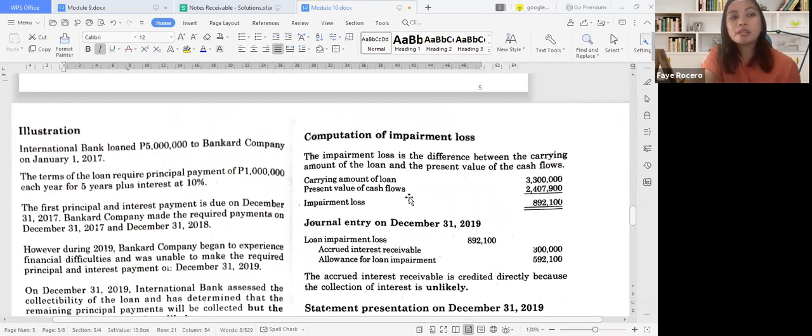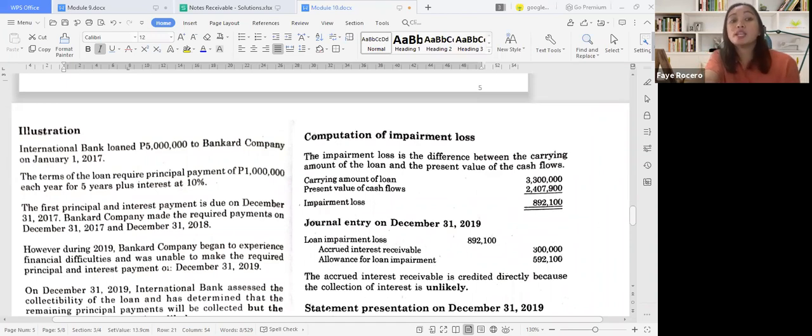To record the impairment loss, debit loan impairment loss, credit accrued interest receivable, kasi part of the carrying amount is 3,300,000. So definitely we have to remove that 300,000. And credit allowance for loan impairment, 592,100 for the balancing figure.